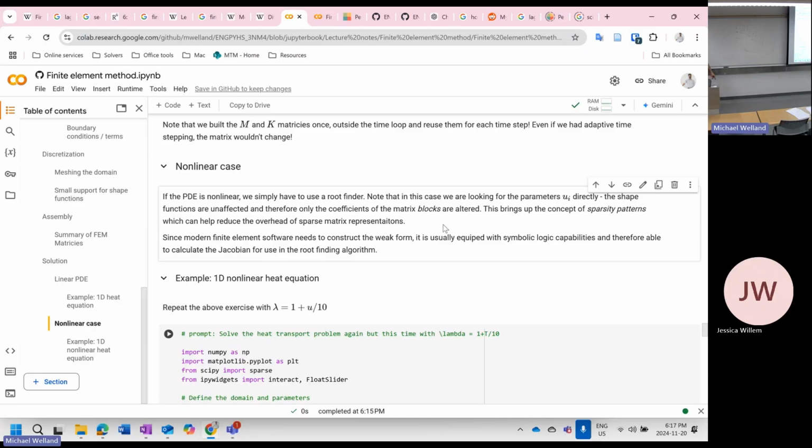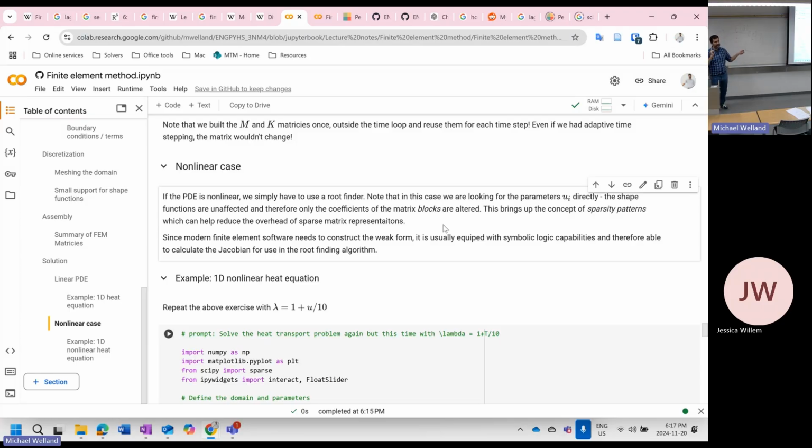If the PDE is nonlinear, I've got 3 minutes left, we have to use a root finder. Hooray! In this case, we are looking for the unknown parameters U, this vector of unknowns. The shape functions don't change. The shape functions determine the sparsity of those matrices.